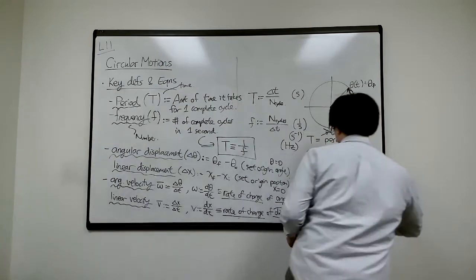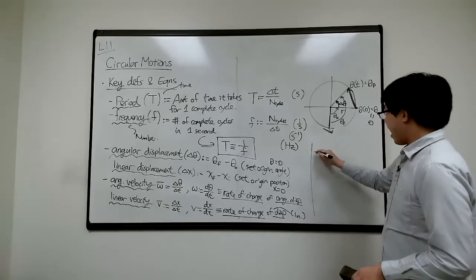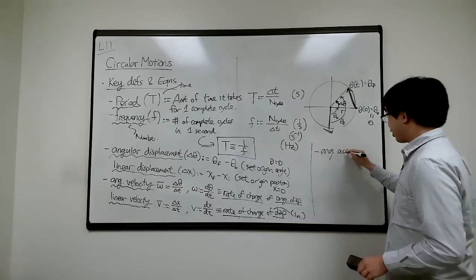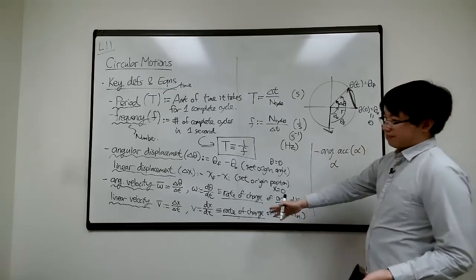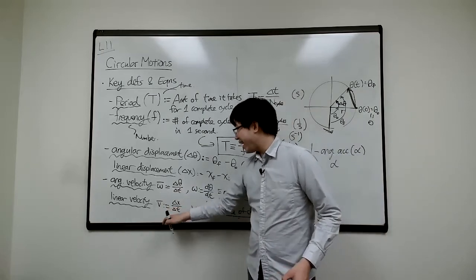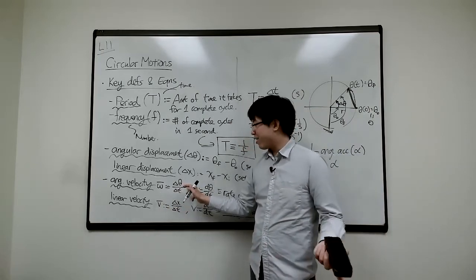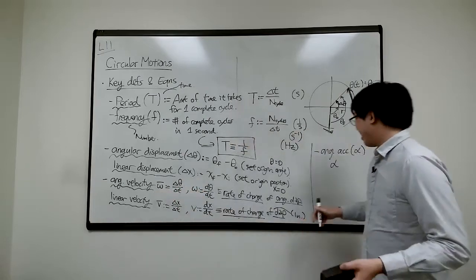We won't talk about it too much, at least in the first part. But just for completeness, maybe I'll add it here. Angular acceleration. The symbol is alpha. Again, we use the Greek letters for everything angle. We used x, v, and a. So if we use theta for angle, might as well change them all to Greek. So that's theta, omega, and alpha.